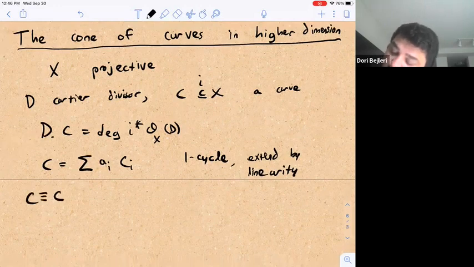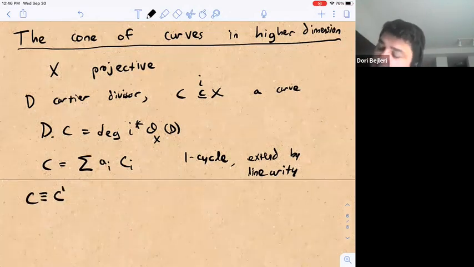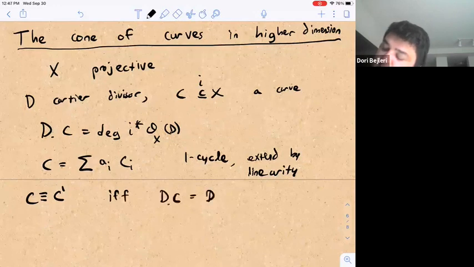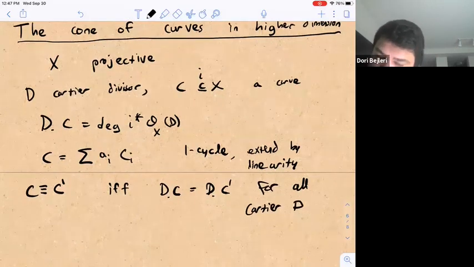So C is numerically equivalent to C prime, where C and C prime are some one cycles, some formal combinations of curves, if and only if D dot C equals D dot C prime for all Cartier divisors D. Okay, and then we have N lower one.